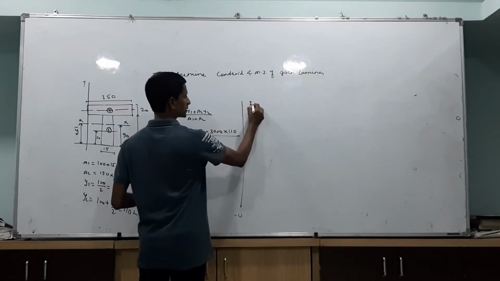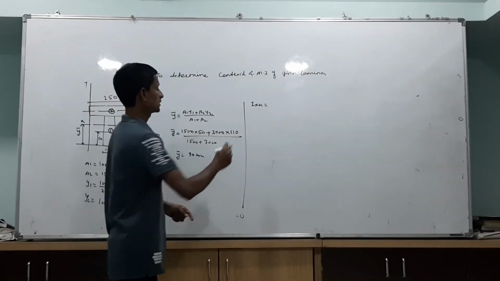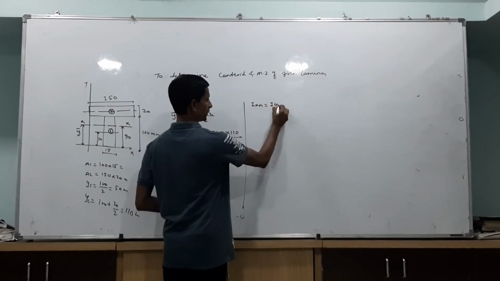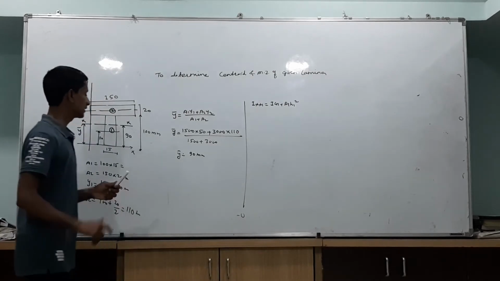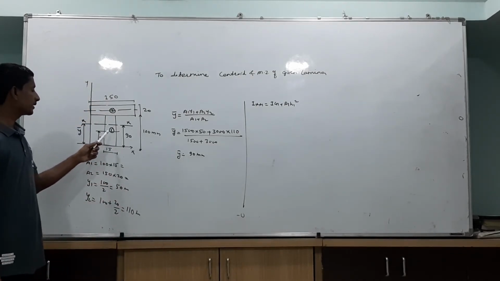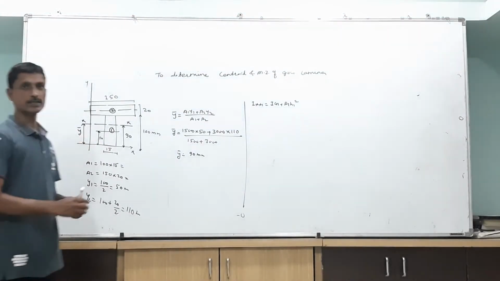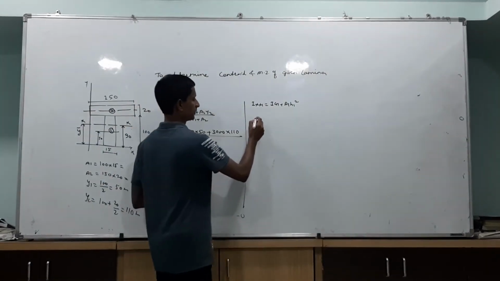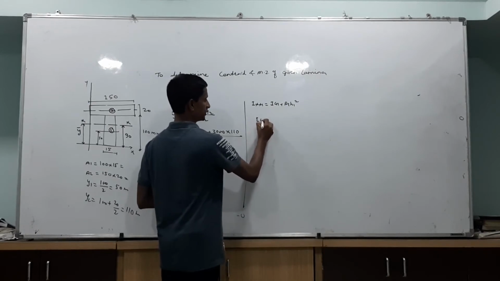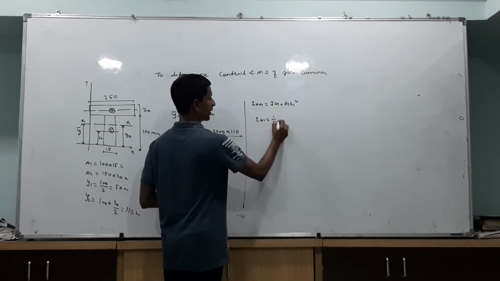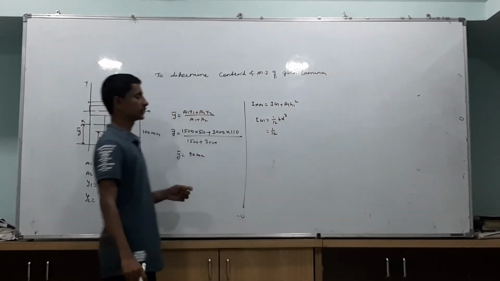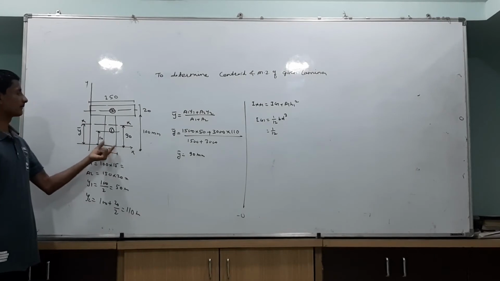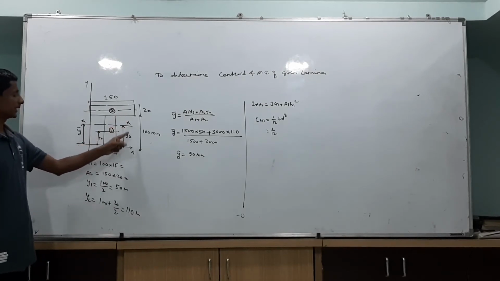Thus Ixx1 is equal to Ig1 plus A1 H1 square, where Ig1 is the MI of area number 1 about its own central axis, and the MI of a rectangle is given as Ig1 is equal to 1 by 12 B D cube, where B is the width of rectangle 1 and D is the depth of rectangle number 1.